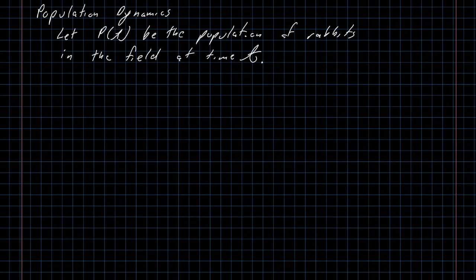Well, I know that the rate of change of the population has to be proportional to the population. If you've not seen that symbol before, that's proportional to. The idea of proportional should be familiar to you.